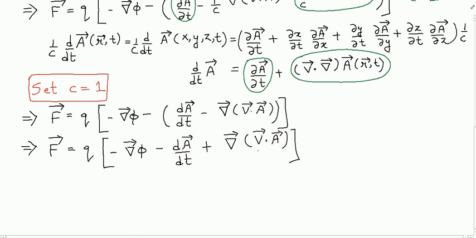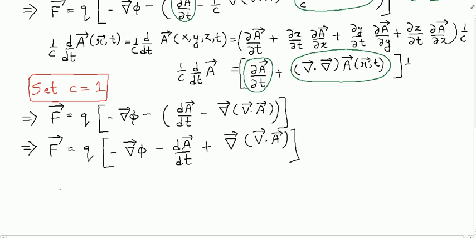And again let me tell you, if I take c not equal to 1, then I should have 1 by c here and 1 by c here, but just for convenience I took c as 1. Okay, and I have this.